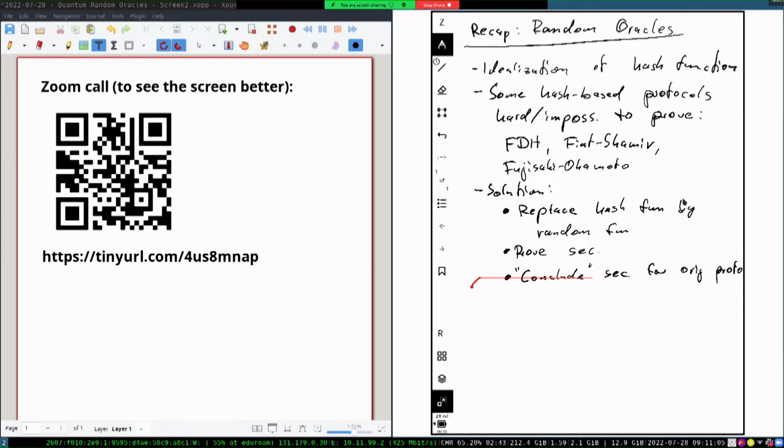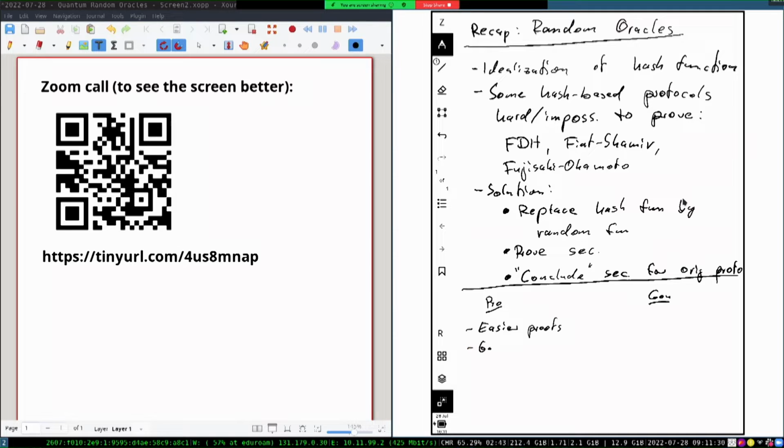So what are the pros and cons of this approach? The pro is we get easier proofs. I mean, right now I'm in the classical world. Just to say that, I will tell you as soon as we become quantum.